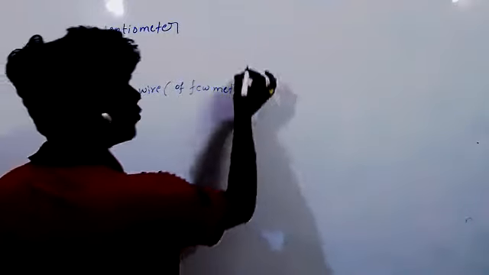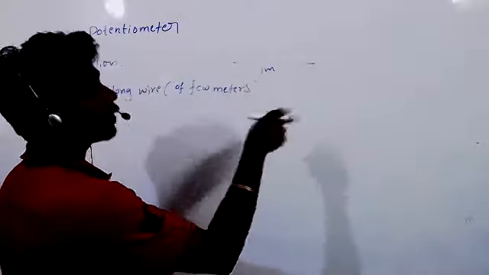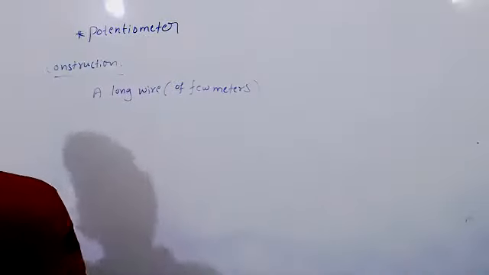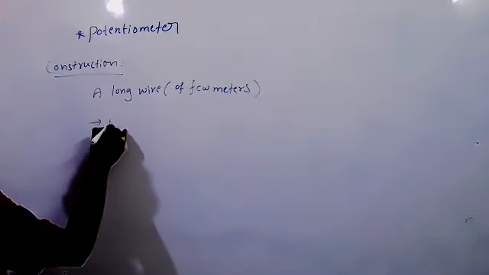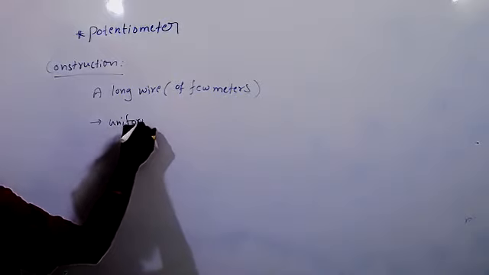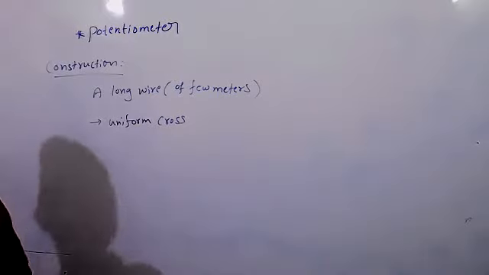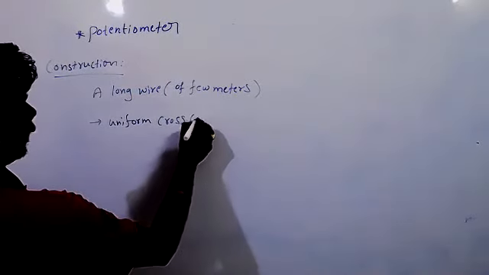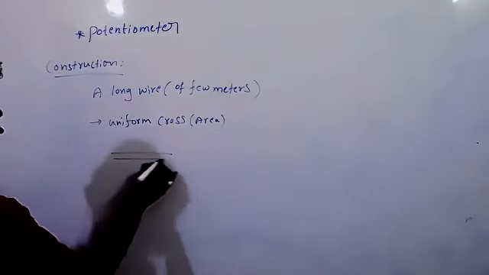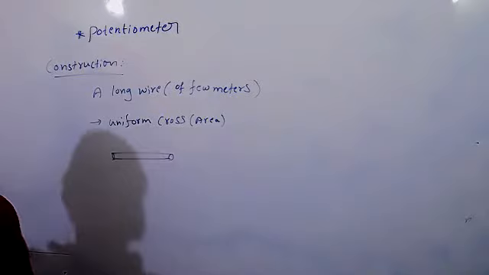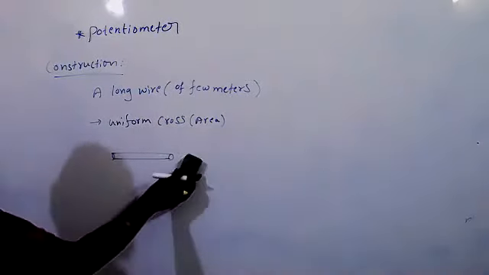In the meter bridge, we took only a 1 meter wire. But here, not 1 meter, few meters, more than 1 meter. That wire should have a uniform area of cross section.